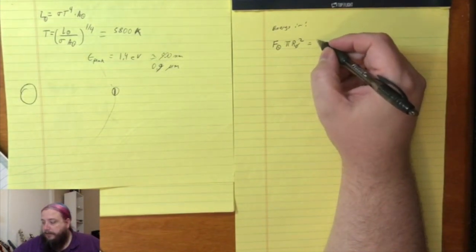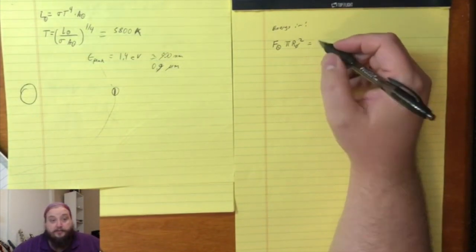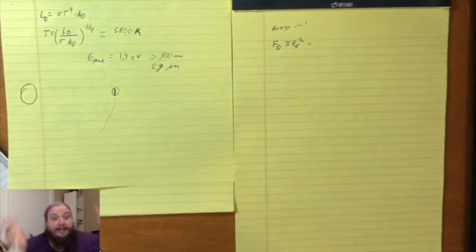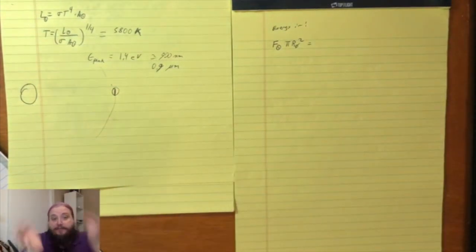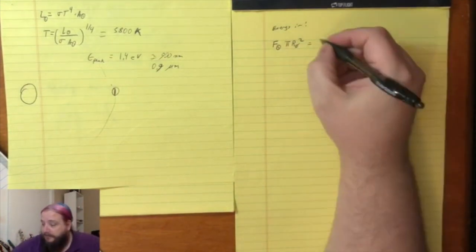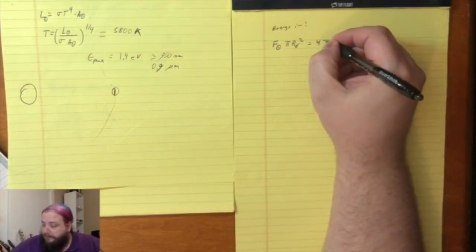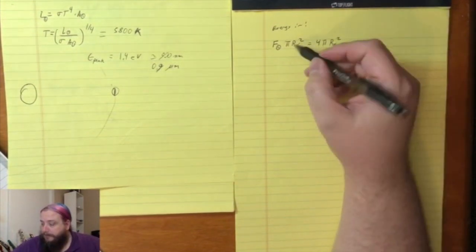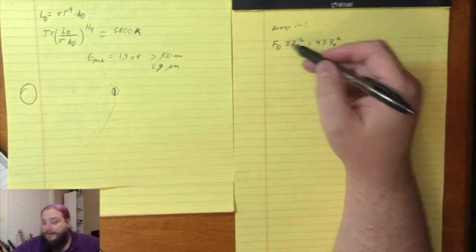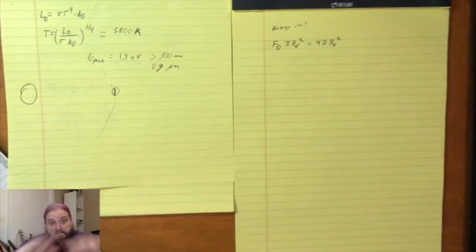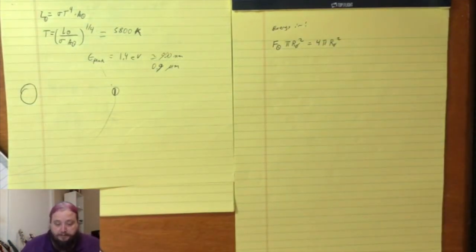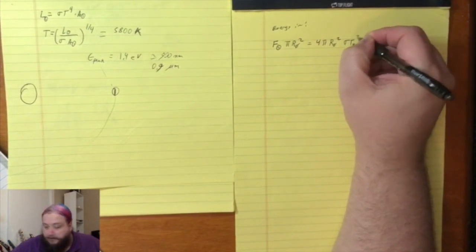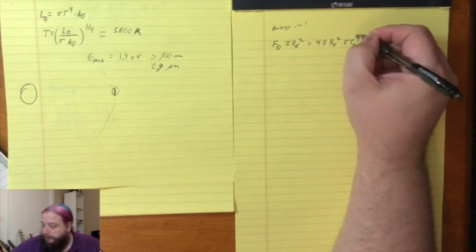Then that energy in must also, the Earth must then have a finite temperature, and it would radiate that same energy, but it's going to radiate it from its entire surface. So that's going to come off the surface area, 4 pi radius of the Earth squared. So it only absorbs as a cross section, but it emits as the full sphere, sigma times the temperature of the Earth to the fourth power.